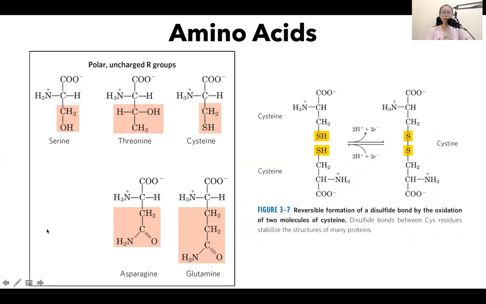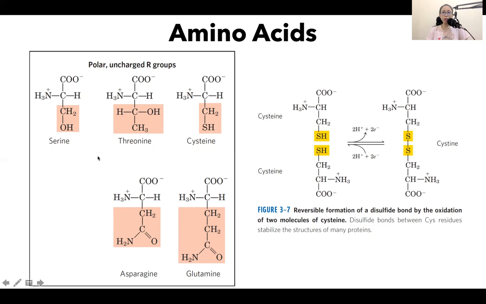Next, we have polar amino acids. Now, this polarity is not because of any charges. So they are polar uncharged side chains. Under this group, we have serine, threonine, cysteine, asparagine, and glutamine.